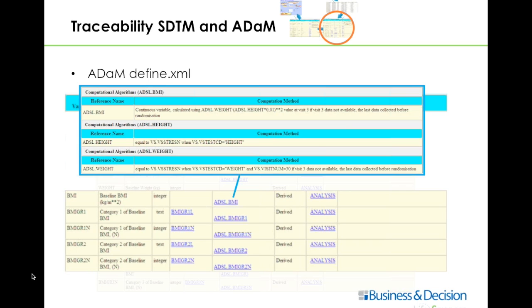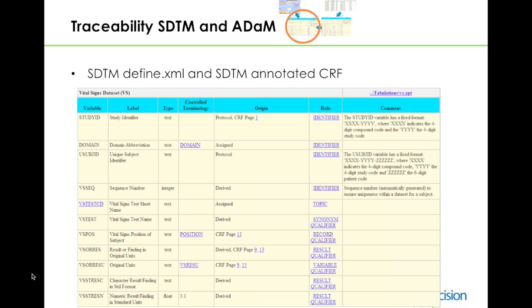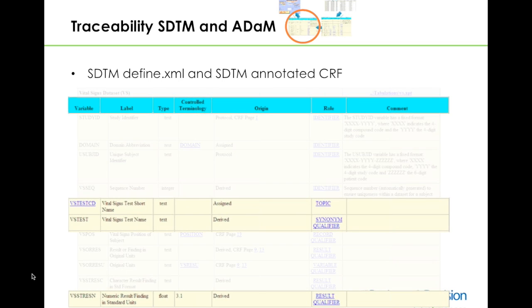And you see in the algorithm that we are using weight and height, which are both taken from SDTM datasets, VS.VSSTRESN. And this is how you make your link to your SDTM define.xml, which will contain this VSSTRESN for various test codes.